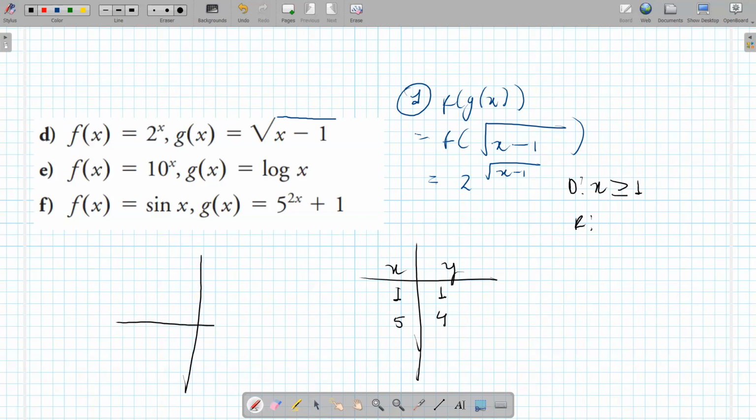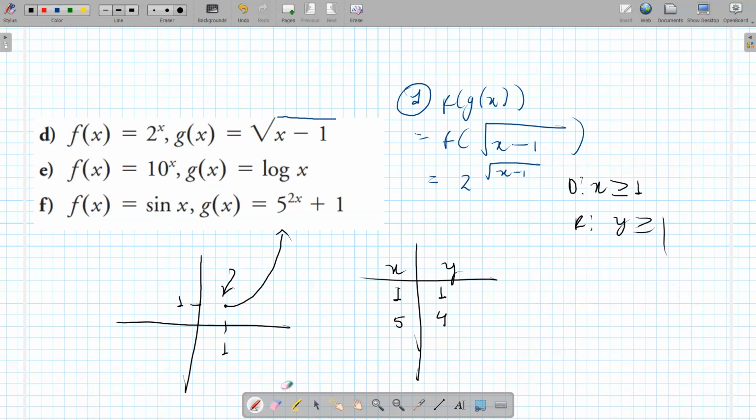So the graph of this looks something like this. What's the range? The possible y values. If it starts here, this is greater than or equal to 1, and you're done.